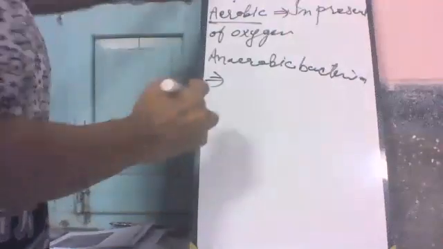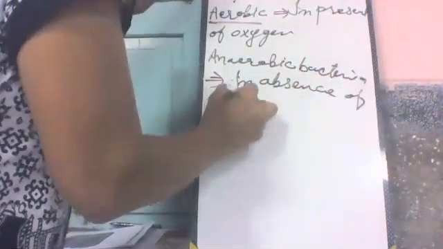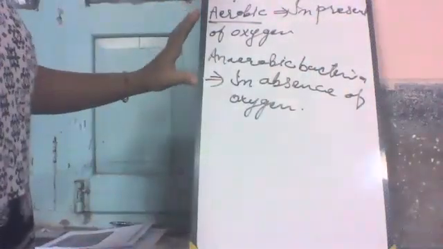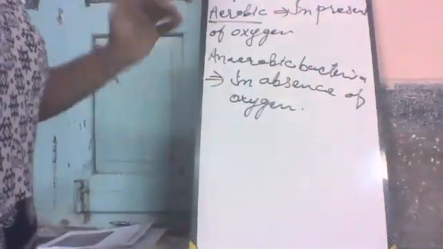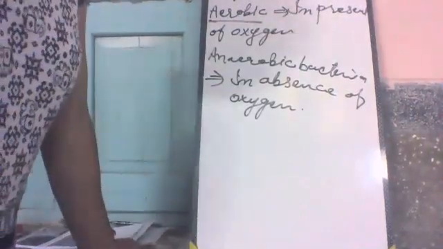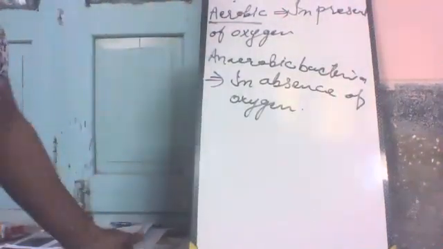They respire in the absence of oxygen. There are two types of respiration that occur in bacteria. Some bacteria need oxygen to respire, and some bacteria do not need oxygen.